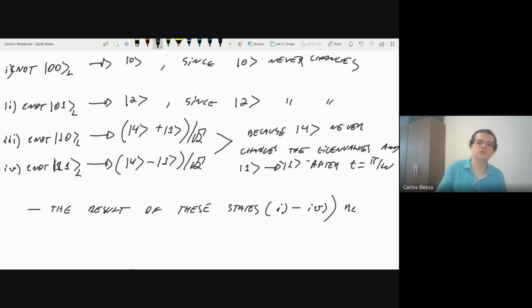Now the result of this state is the desired CNOT gate transformation.